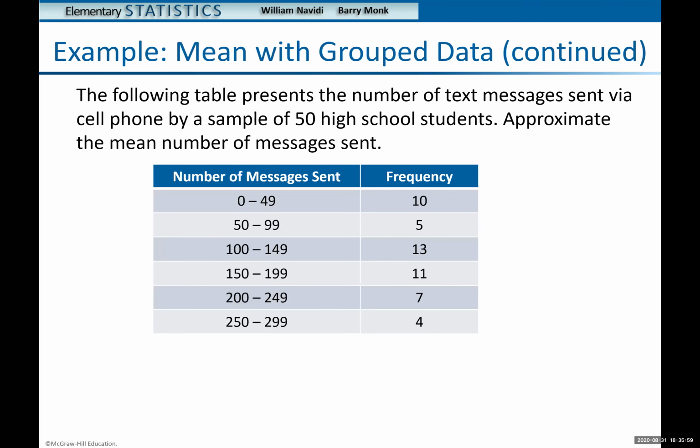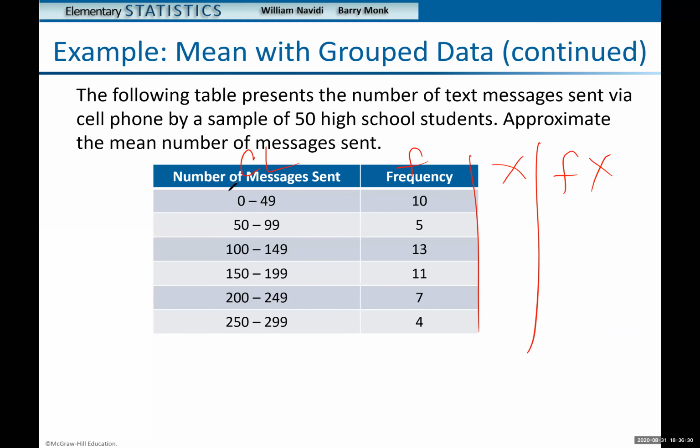So like what I said again, these are the class limits. This is the frequency. All you have to do is add the class midpoints x, next column, and then f times x, multiply the numbers. So let's try this. What's the first class midpoint? 25.